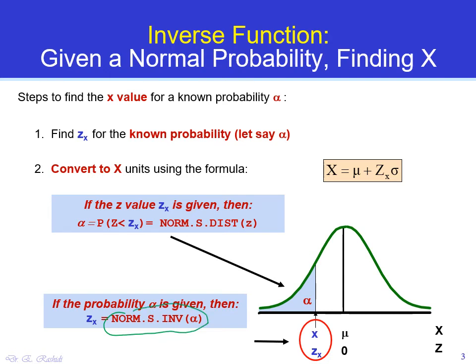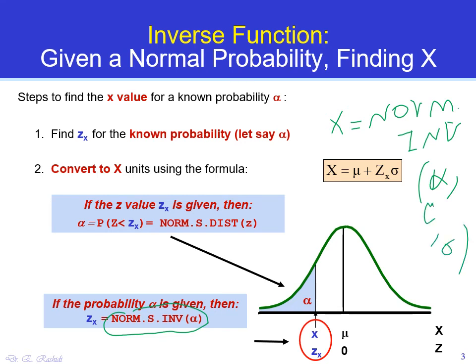Or, for a general normal distribution, not a standard one, x is equal to norm.inv, and then you give it the probability alpha, the average, and the standard deviation, and it would find x for you.